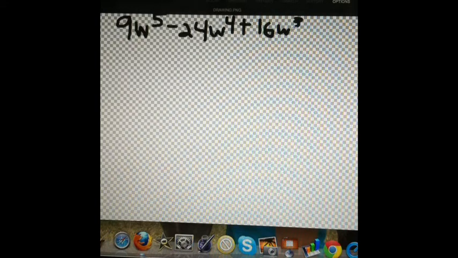Okay, so the problem you see here is 9w to the 5th minus 24w to the 4th plus 16w to the 3rd. So that's what we do first, is we write out the problem.